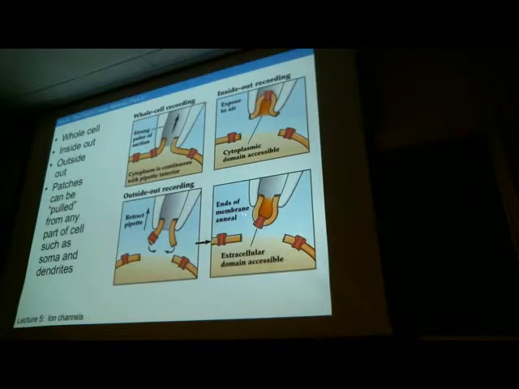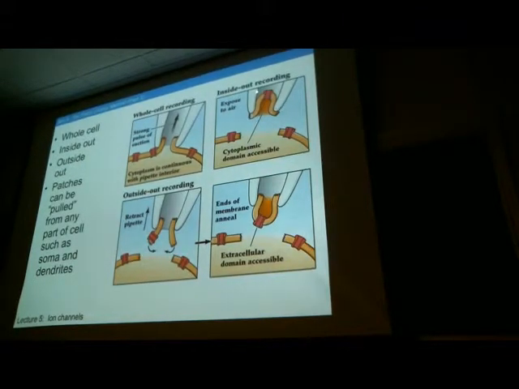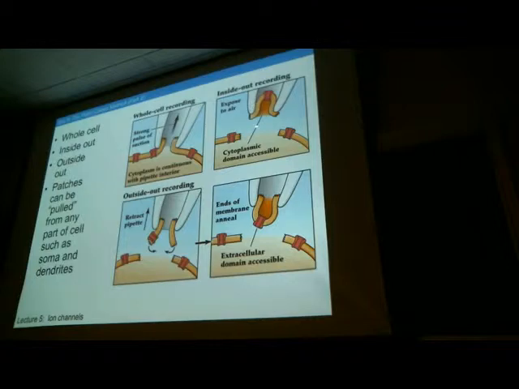Okay, and you can do a little trick where you flip the membrane inside out. This is called an inside-out recording, so the inside of the cell membrane is exposed to the extracellular medium. And here, this is the outside-out recording.